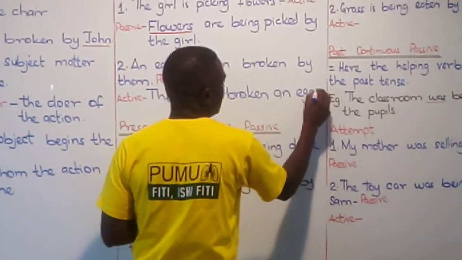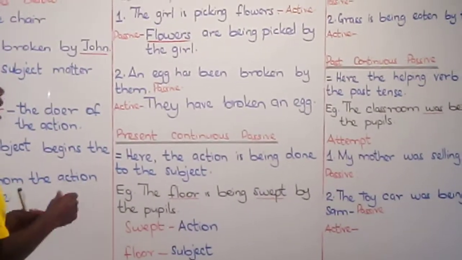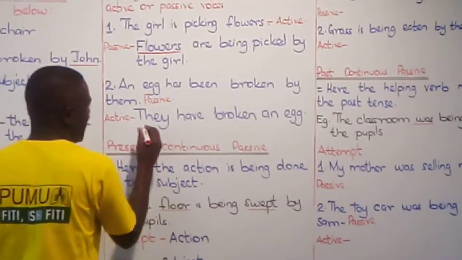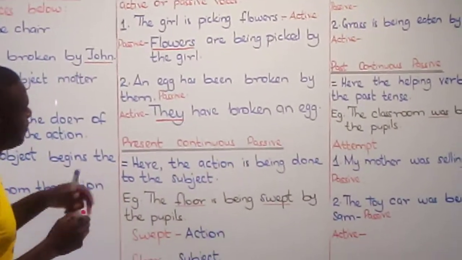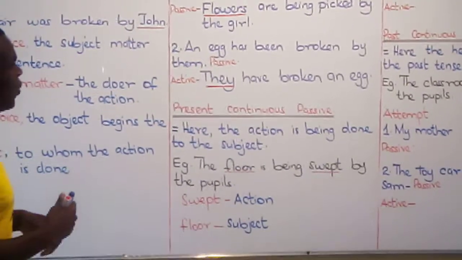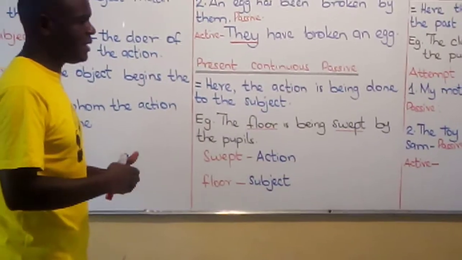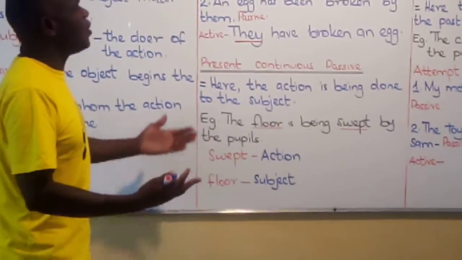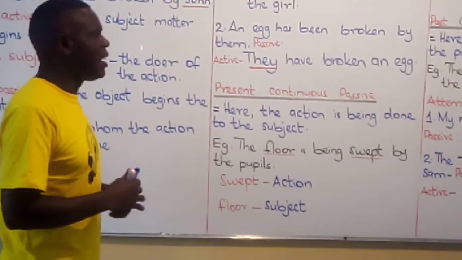They have broken an egg. Now the sentence is active voice because this pronoun, they, becomes the subject matter and it starts the sentence. When the subject matter, when the doer of the action starts the sentence, it's active. When the object becomes the subject, then the sentence is passive.